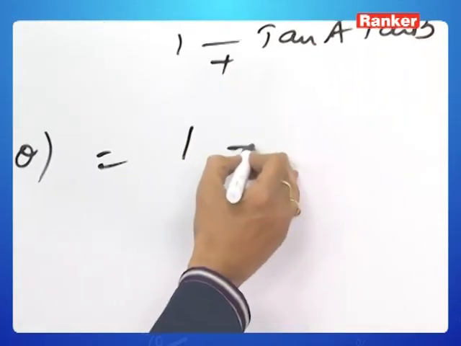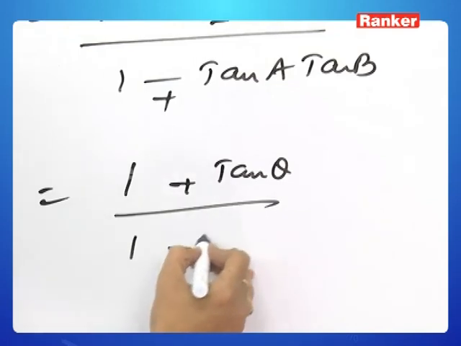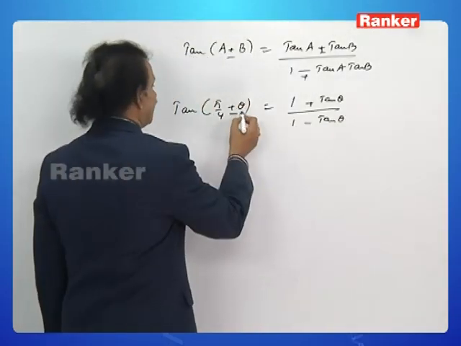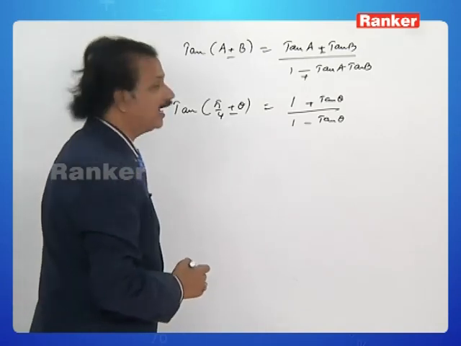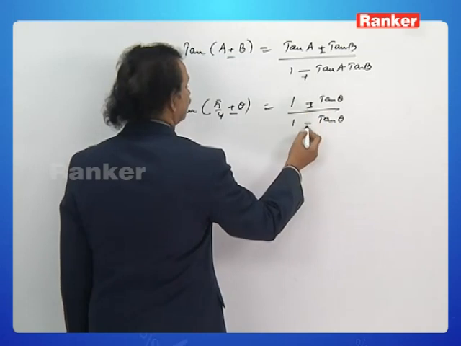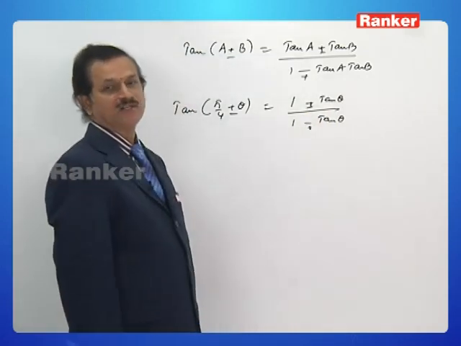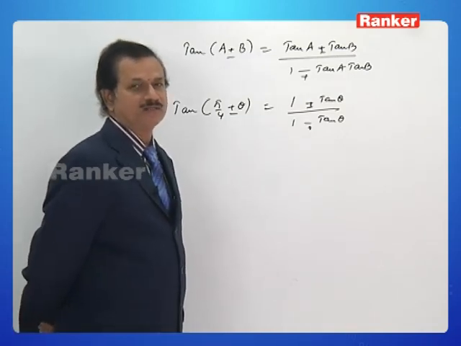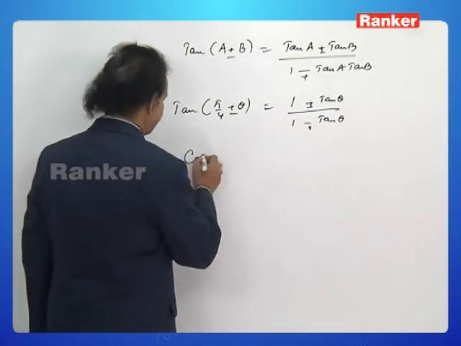Tan pi by 4 plus tan theta by 1 minus tan pi by 4, which is 1, into tan theta. Similarly, if I like to have tan of pi by 4 minus theta, then the numerator becomes minus and the denominator becomes plus. What is tan of 45 minus theta? 1 minus tan theta by 1 plus tan theta. What is tan of 45 plus theta? 1 plus tan theta by 1 minus tan theta. That's all. And similarly, what is cot of a plus b?